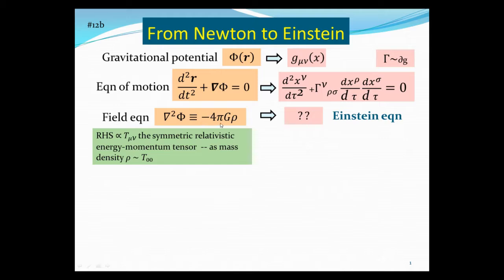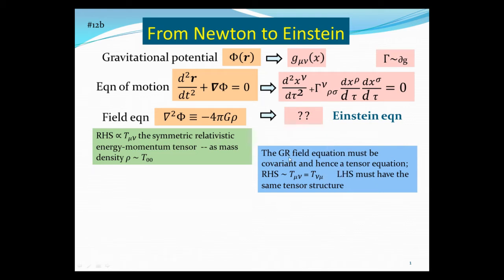The right-hand side of Newton's equation, we suggest, should be proportional to the symmetric energy momentum tensor, because the mass density is simply the zero component of the energy momentum tensor. So it suggests the GR field equation should be a tensor equation of rank 2. In fact, it's symmetric because T mu nu is symmetric.